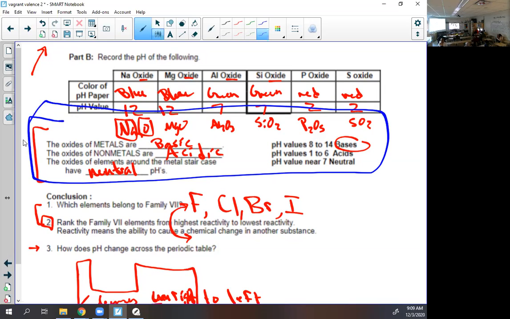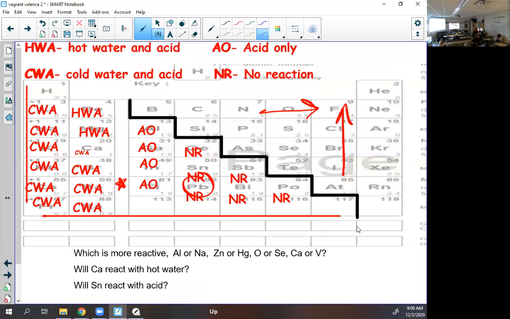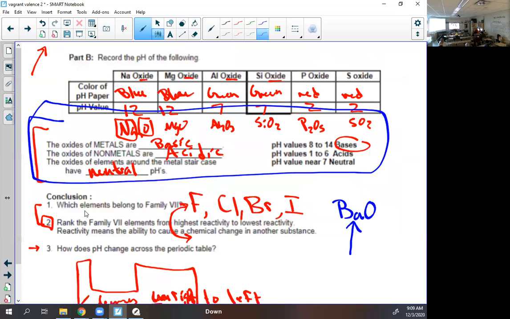Is it BaO? Yeah. All right. So it wants to know if BaO is an acid, base, or neutral. So what we need to do is just find Ba on our periodic table, and Ba is right here. Is that a metal, non-metal, or metalloid? It's a metal. So according to that thing we just did, the oxide of a metal is a base.